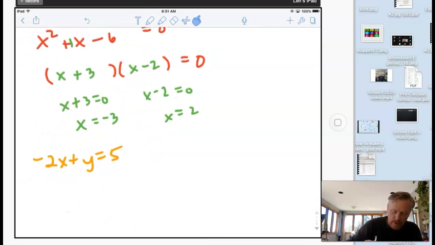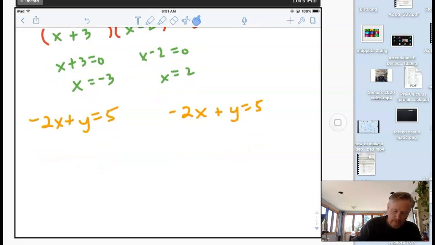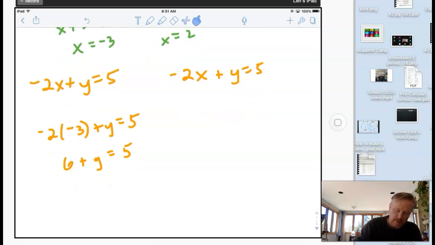I'm going to plug in the -3 and then plug in the 2, and I'll get my y coordinates. So -2 times -3 is +6. 6 plus what is 5? That would be y is -1, which means my coordinates are (-3, -1).